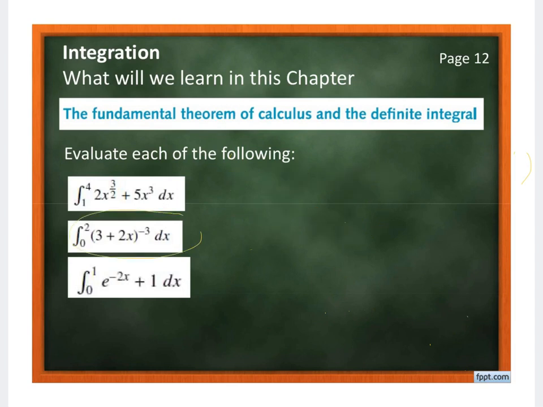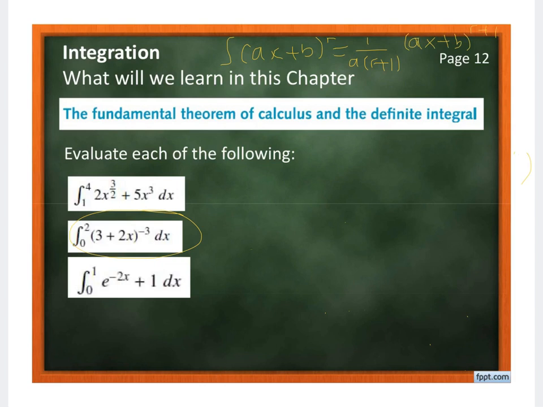Now we try to answer number 2. Remember the formula on page 4. And the derivative of ax plus b to r power equal 1/a(r plus 1) times ax plus b to r plus 1.